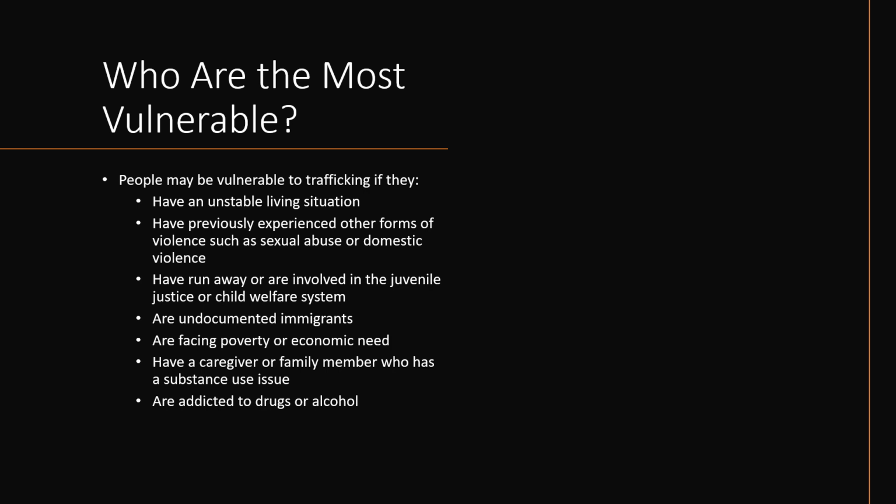Undocumented immigrants are at high risk of being trafficked as well, both for labor trafficking and sex trafficking. And caregivers who use illegal substances can be a sign of potential trafficking. Like I said, I've had parents who have used their children as a means to pay for drugs. They've trafficked their own children, sex trafficked their own children, things like that.